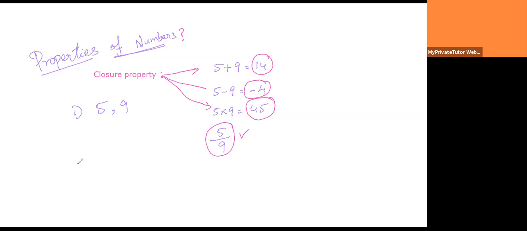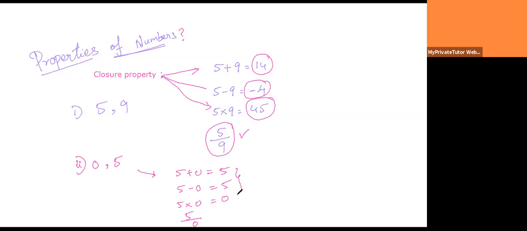And the other case, for example, take the 2 numbers 0 and 5 and use the same logic. 5 plus 0, 5 minus 0, 5 times 0, 5 divided by 0. 5 times 0 is 0.